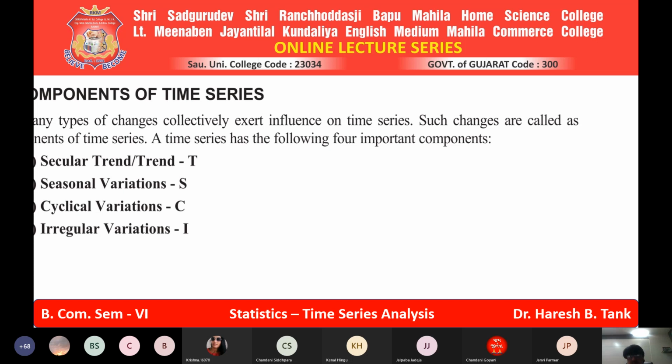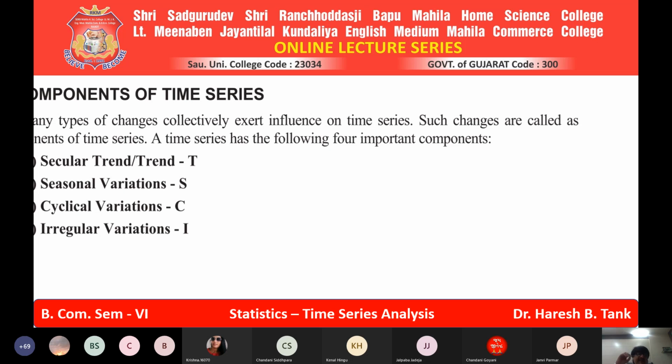Among these 4 components of time series, secular trend is a long-term trend. Long-term in the sense that it is observed over more than 7 years, 7 to 10 years. If you observe a trend like that, it is called a secular trend, if you try to differentiate it in terms of time.